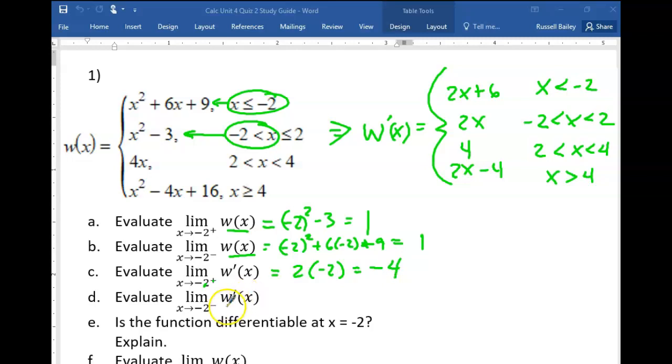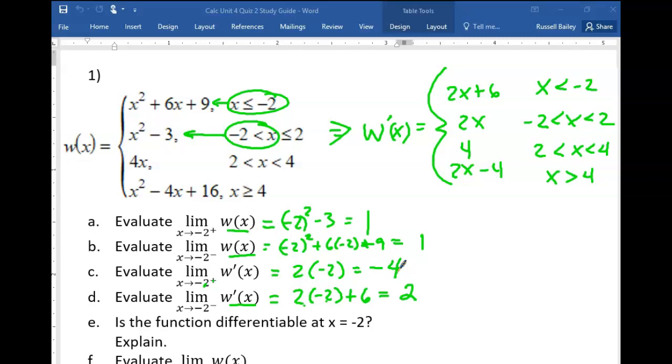Let's see what the slope is from the left of -2. If I'm approaching -2 from numbers that are less than -2, that would be this piece on the top. So 2 times -2 is -4 plus 6 is 2. Now notice that the slope is not the same to the left and right of -2.